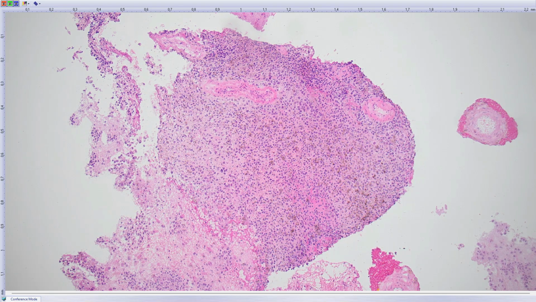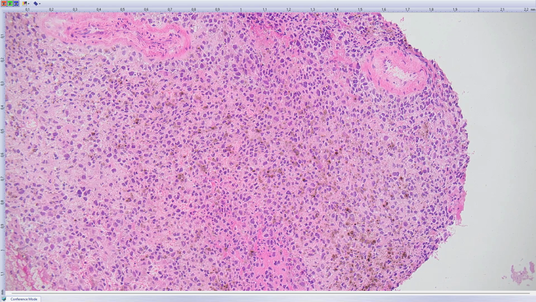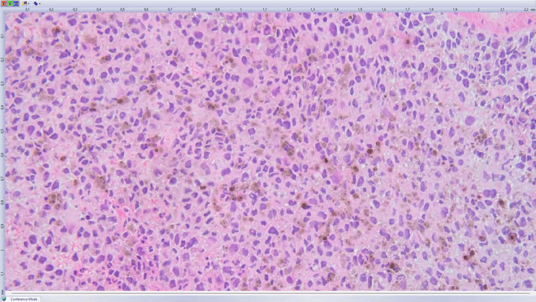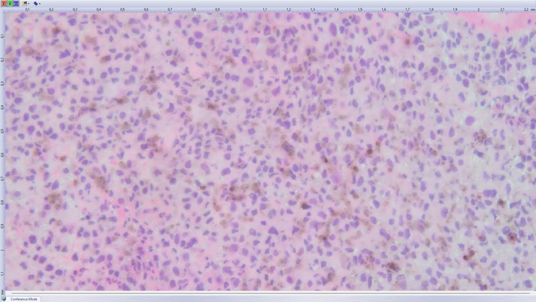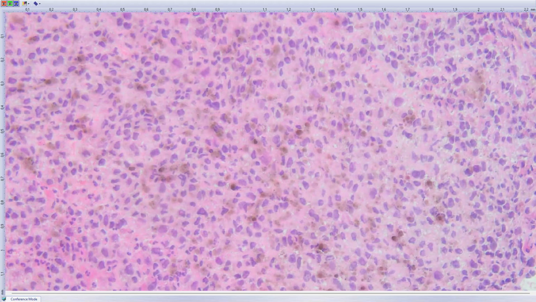When I called the clinician, one thing I want to show is that this is a solid tumor, overtly malignant, and here is a pigmentation which alerted me that this might be melanoma, because you don't know if it is hemosiderin or melanin, but because this is quite dark, I thought this could be melanin.